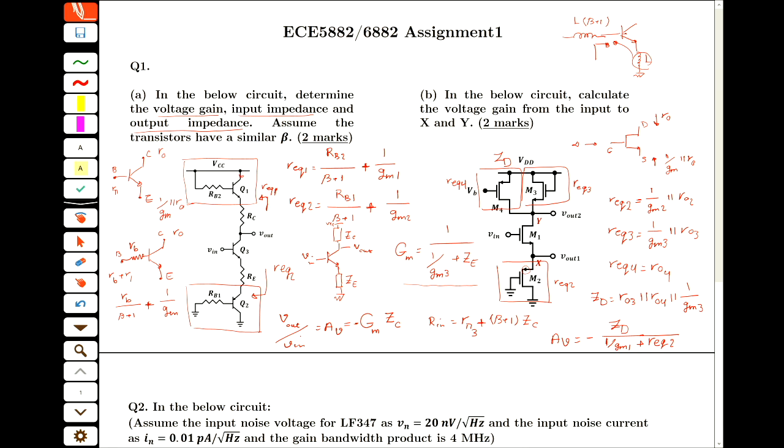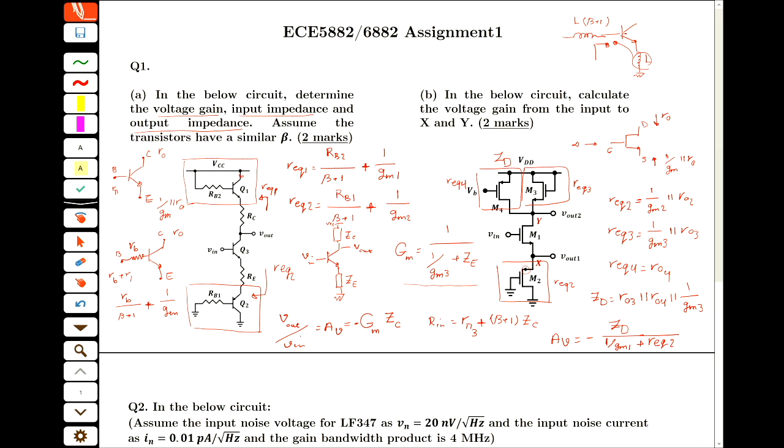Should it not be RO1, like for ZD? For RO1, we ignore it to be parallel infinity, right? RO4, yeah, it's in parallel with RO1. For the first one, you are right. Otherwise, if we ignore RO1, everything will be much, much easier.